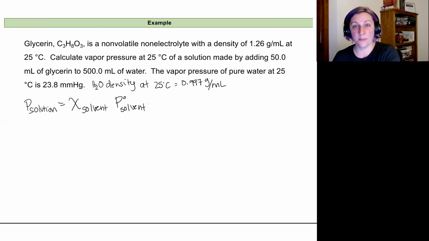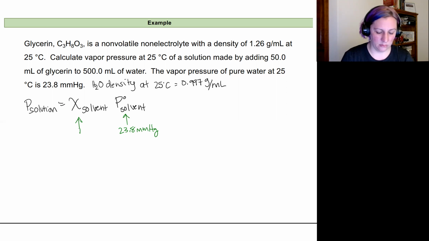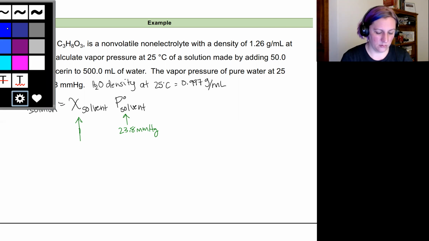We know that vapor pressure of the solvent already, right? That's going to be our 23.8 millimeters of mercury. So now what we need to do is solve for the mole fraction of our solvent. So let's go ahead and do that.